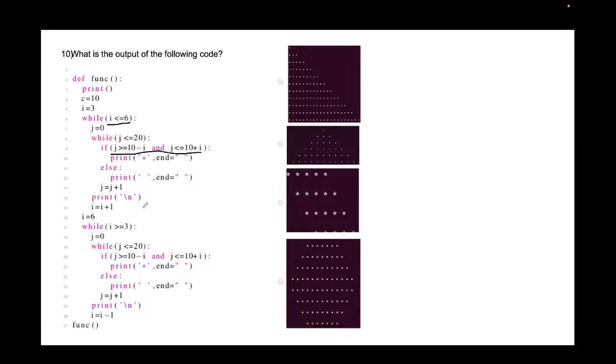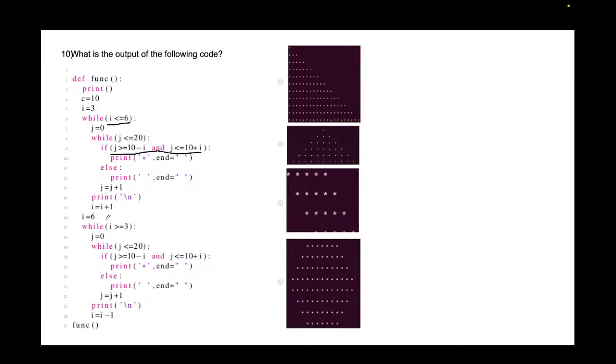While j is less than or equal to 20, this if-else conditional occurs. Then j is updated to j plus 1, and we go to a new line. Now I is also incremented to I plus 1.